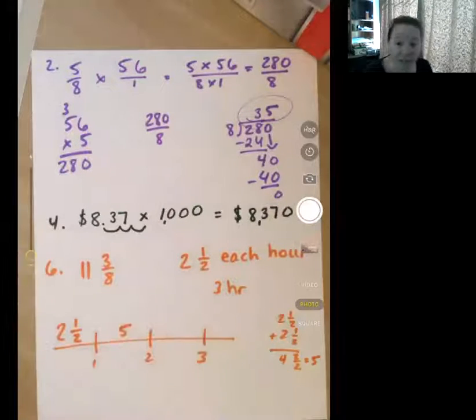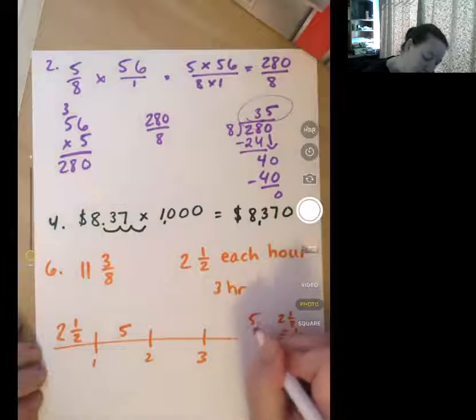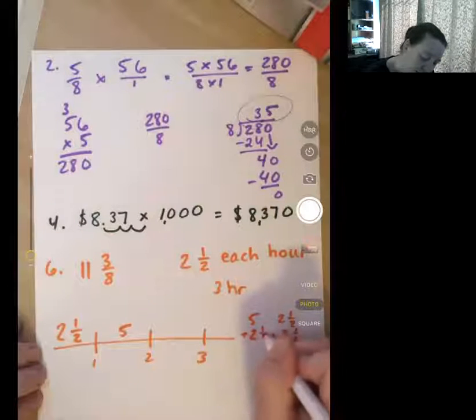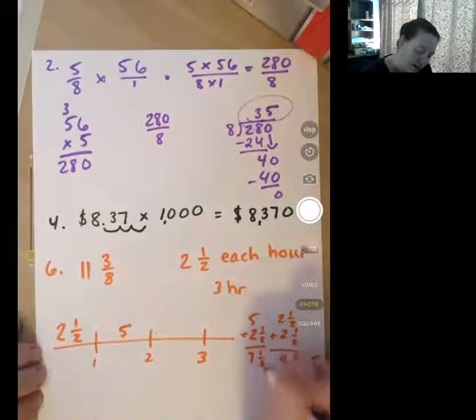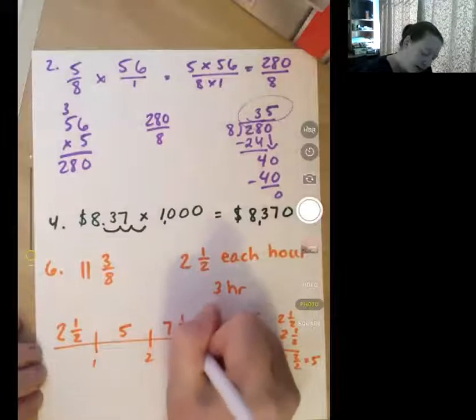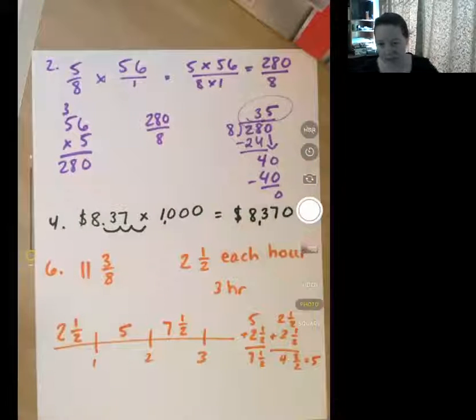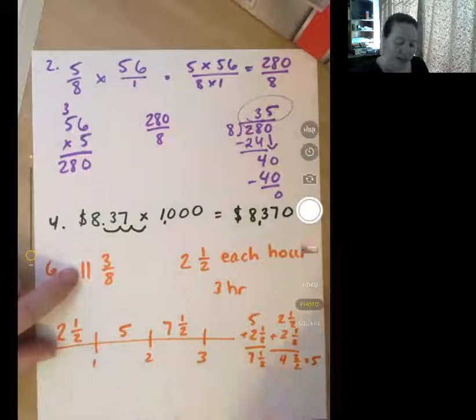So she hiked 5 in that one. And then adding on to the 5, we add another 2.5. 5 plus 2 is 7. We bring down the half. So there she has hiked 7.5 miles by that point. So by the time she's at the 3-hour mark, she has hiked 7.5 miles. We now have that 11 3/8 that we need to work with.